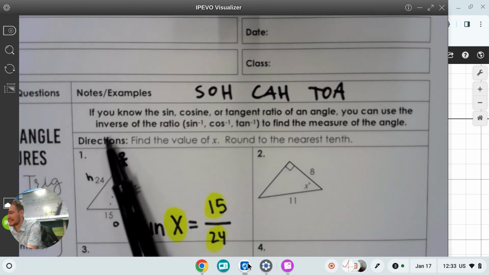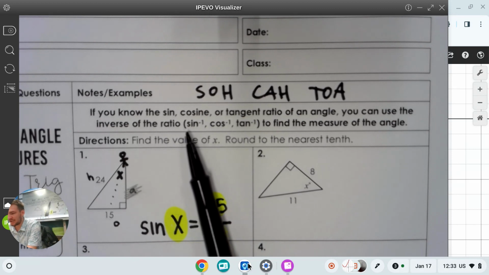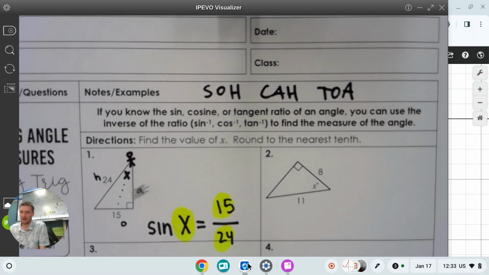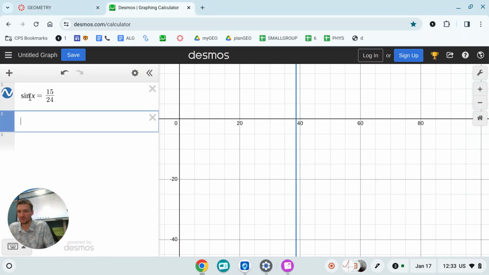you can use the inverse of the ratio to find the measure of the angle. All right, gets a little bit tricky here, but what we need to do is basically, you know how when you learn to multiply, then you learn the opposite of multiply is to divide, right? And then you learn how to square something, and the opposite of squaring is to square root.